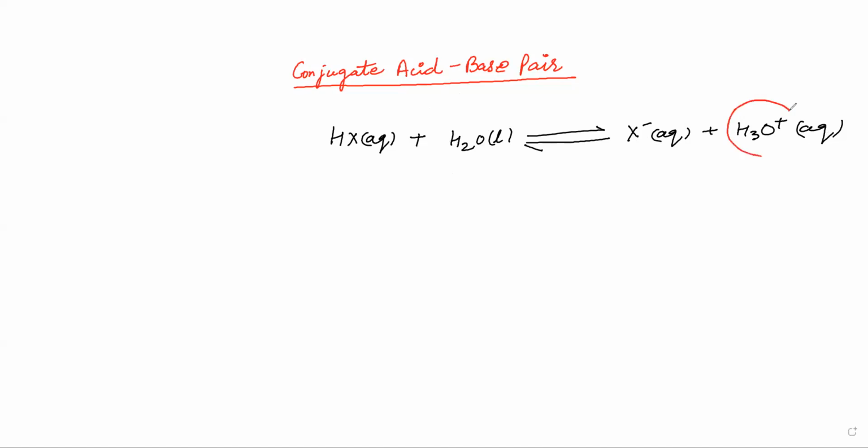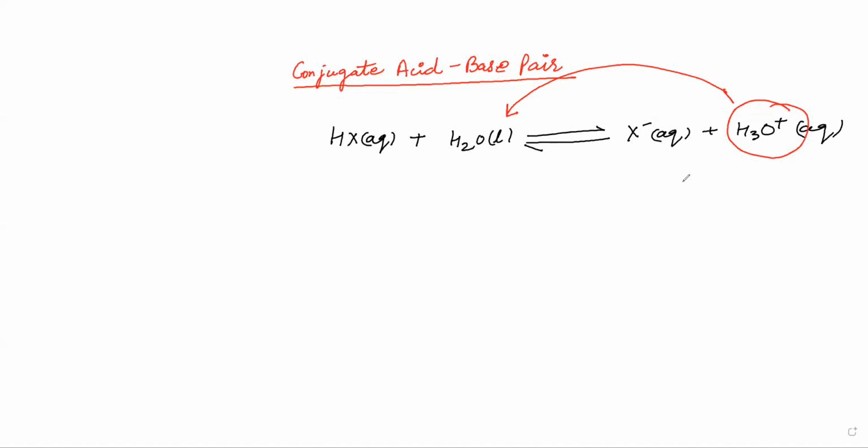Now in the reverse reaction, what is happening? This hydronium ion is donating a proton and changing into H2O. Initially it was H3O positive, now it is H2O. So it is changing into water, basically donating a proton.